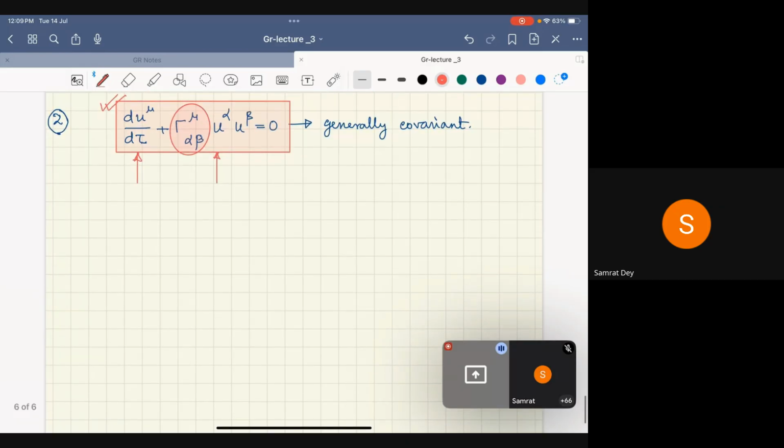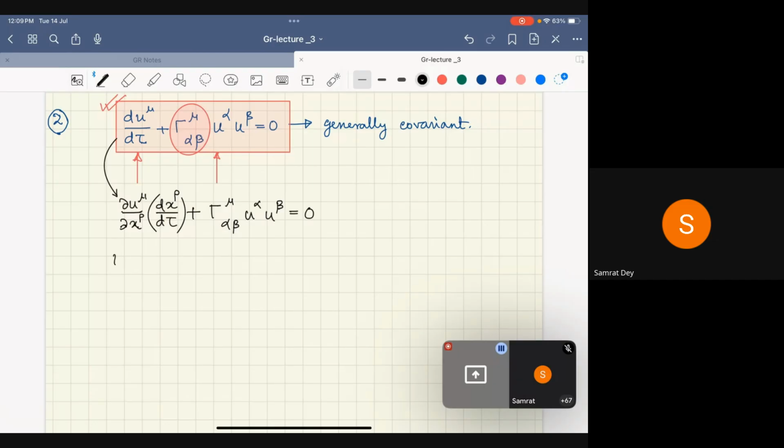So I will take this equation and I will write it as partial u^mu by partial x^rho, and then dx^rho by d tau, I'll just use the chain rule, plus Gamma^mu_alpha_beta u^alpha u^beta equal to 0. So the same equation I have written from this line, I have gone to this line. And this I can write because dx^rho by d tau is nothing but the 4 velocity.